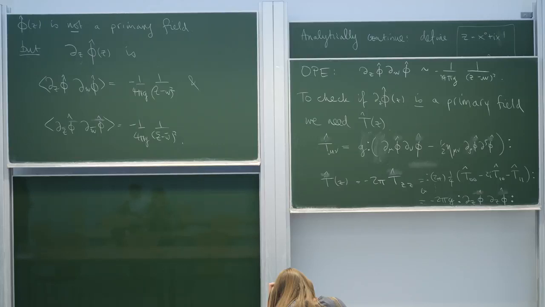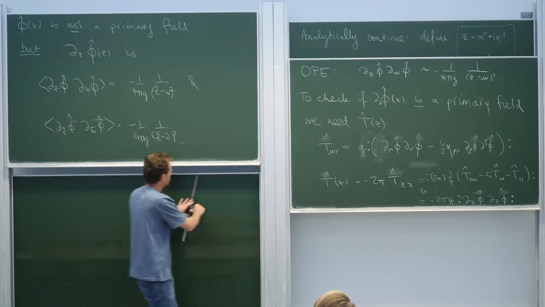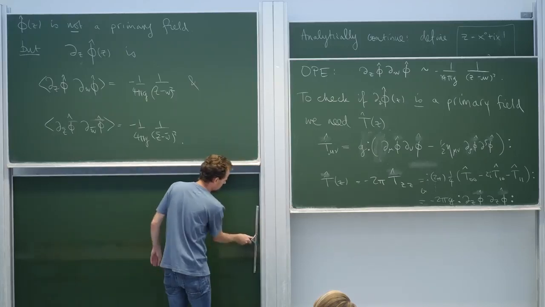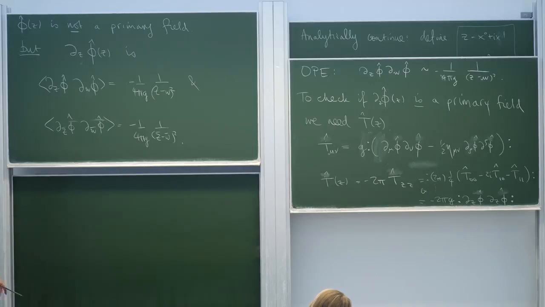You can do all of this, what I've just said, in the case of the free fermion as well. You can play exactly the same game, and you'll arrive at similar-ish expressions, but with factors of 2 and things that weren't present in the bosonic version. I won't cover the free fermion in this course, but it is an extremely important example in conformal field theory.